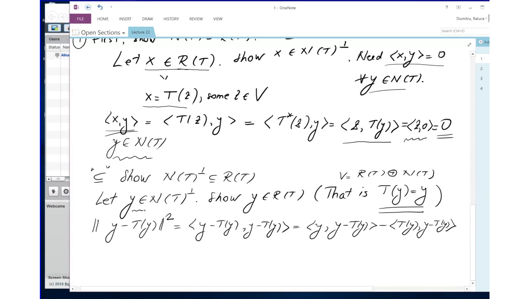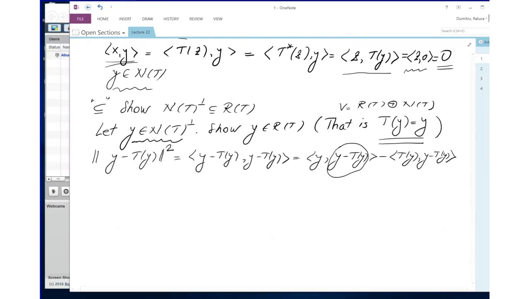All right, so let's not forget, we're going to show that both of them are 0, those two inner products. So let's not forget where Y is coming from. Y is in the orthogonal complement of the null space. So the inner product between Y and anything in the null space is 0. So if we can show that this guy here is in the null space, then the first inner product will be 0. To be in the null space means I need to apply T to it and get 0.